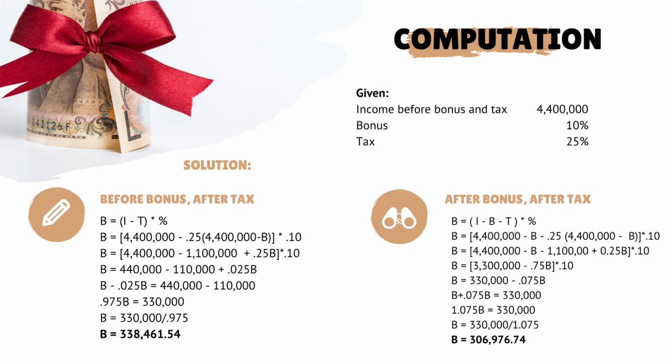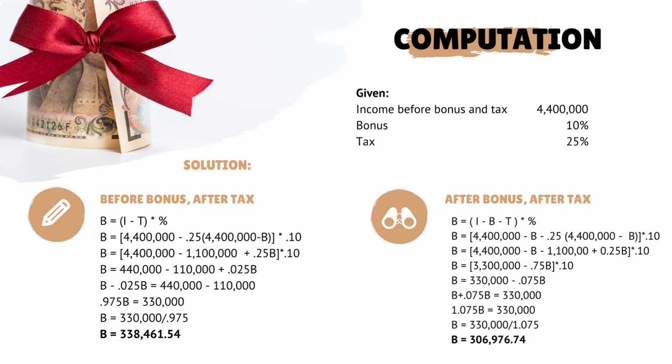And these both have letters, unknowns. So negative B plus 0.25B is 0.75B. Once we have simplified what's in the bracket, we then multiply one by one: 0.1 times 3.3 million, 0.1 times 0.75B. After that, transpose until you come up with that amount.